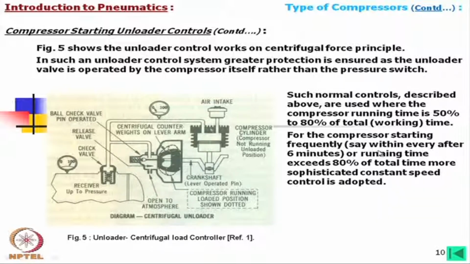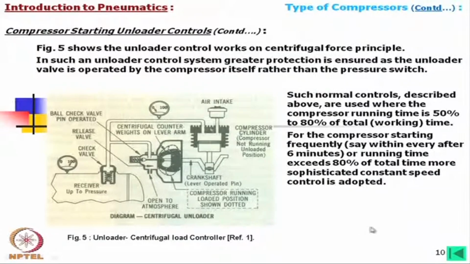That is usually nowadays with electronics control, some controller is used to automatically cut off the compressor, start the compressor, and in between unload or relieve the trapped air between the compressor head and the reservoir inlet. Okay. Now, this 6 minutes figure, what I understand, is usually a figure: at least you should keep a 6 minutes time off between two running times, otherwise sufficient cooling will not be there.